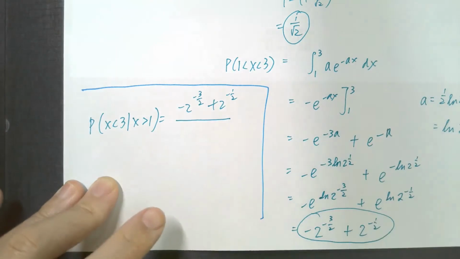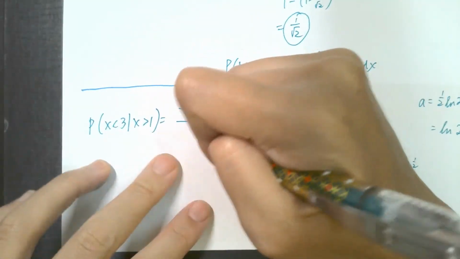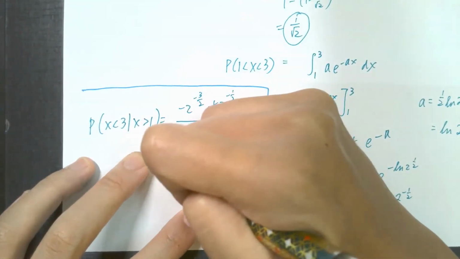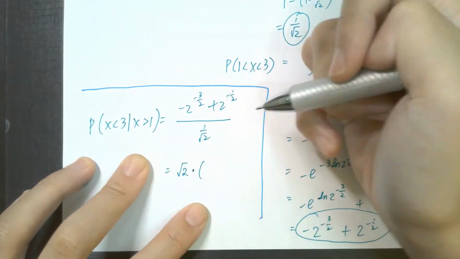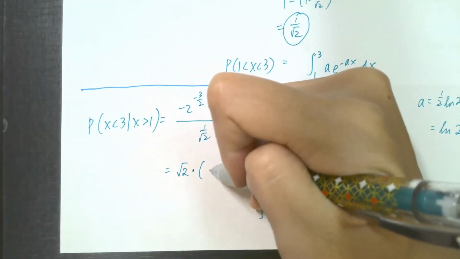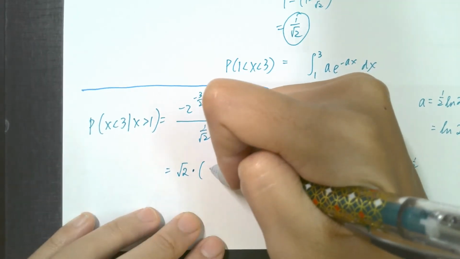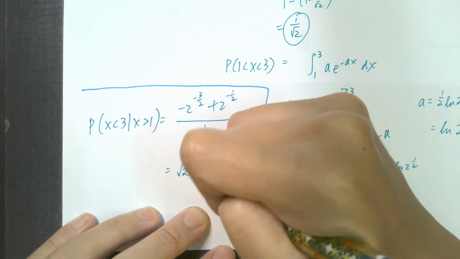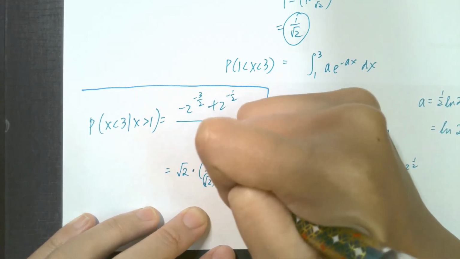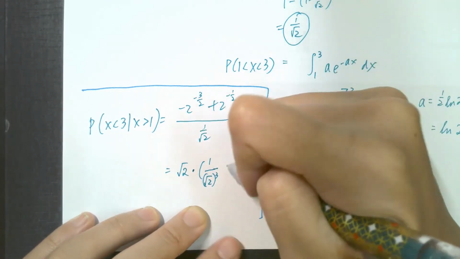divided by 1 over square root of 2, which is to say it's times square root of 2. Okay, let me rewrite this.